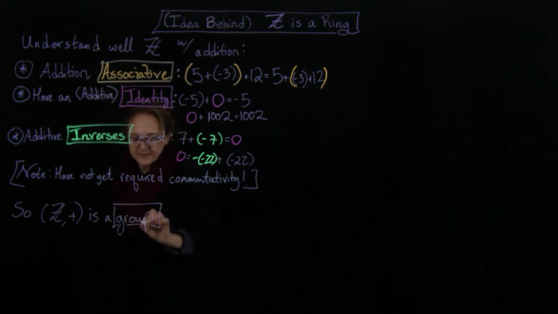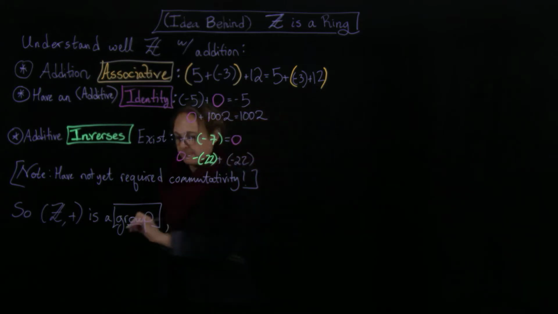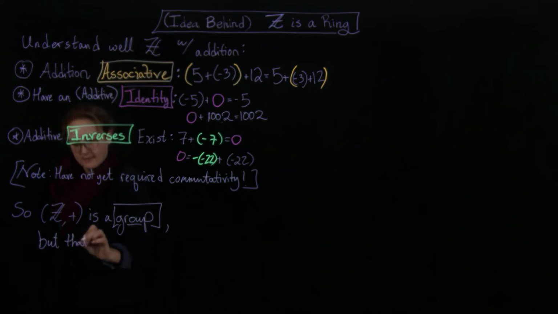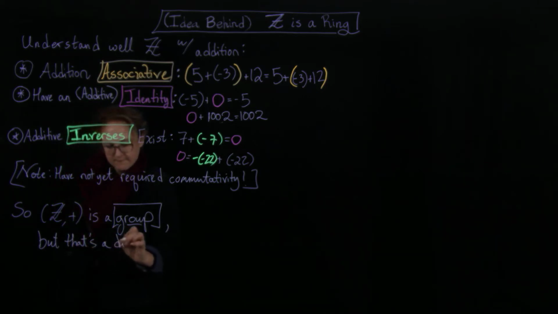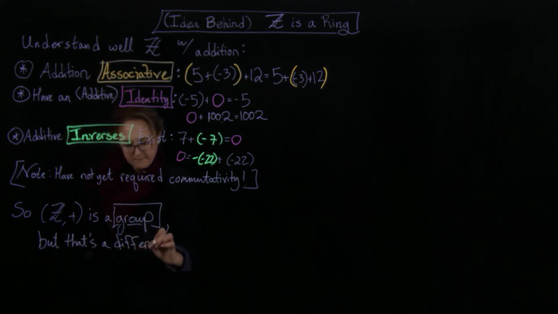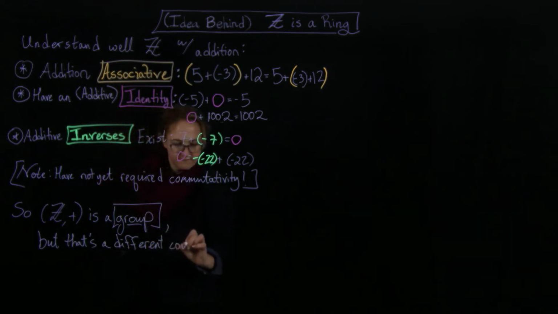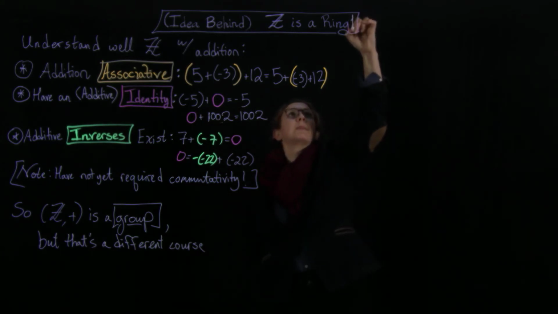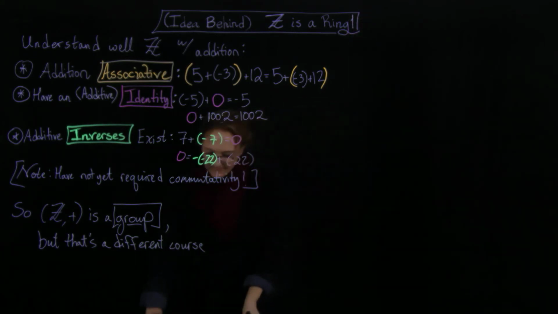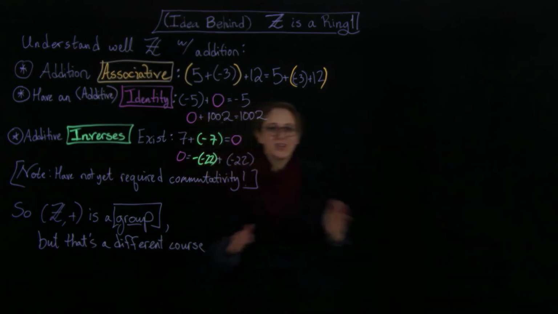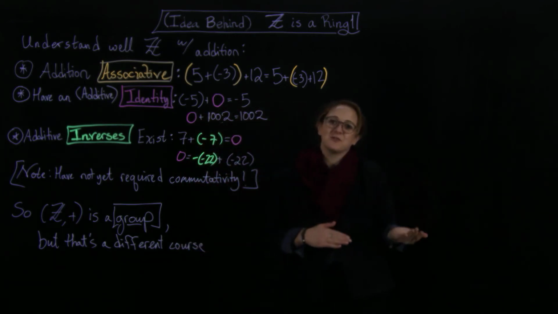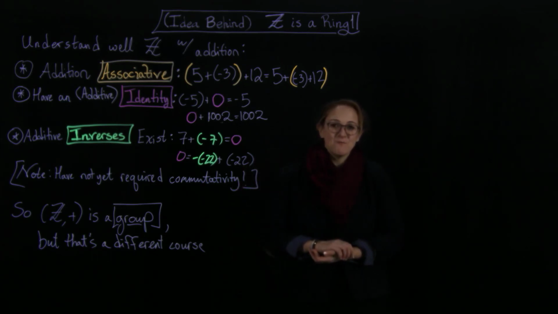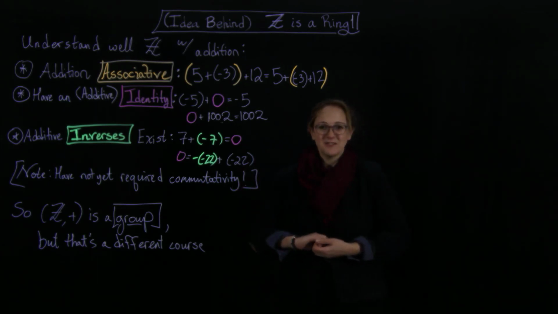But this is rings and fields, so that's a different course, but a very worthy course. I'm going to put a 1 here and break this apart so you can see more clearly what the group properties are, and then we'll do what additionally we need to add in order to make it a ring. I hope that made some sense, and I will see you in the next lecture.